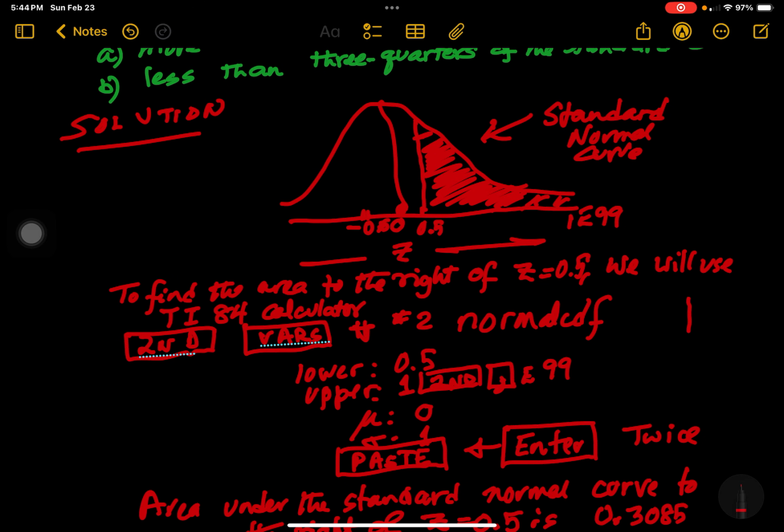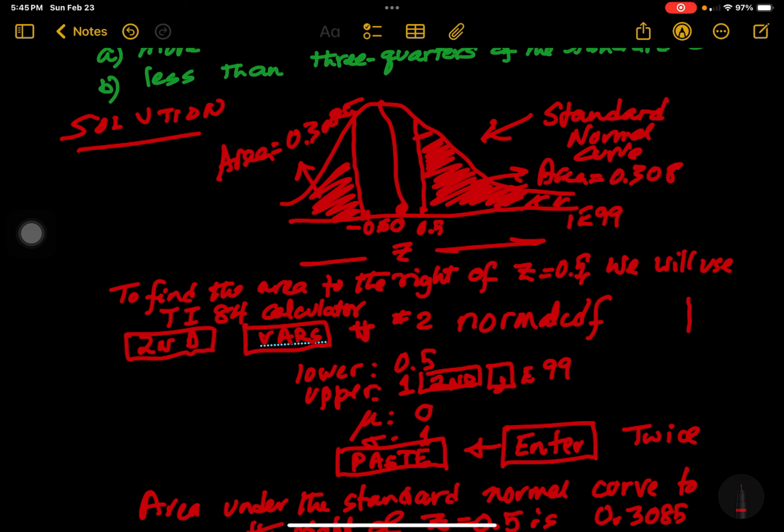Now remember, the normal curve is symmetric. That means what happens on the right half of the curve, to the right of the center, has the same characteristics on the left half of the curve. So this area is also 0.3085, the same as this area.